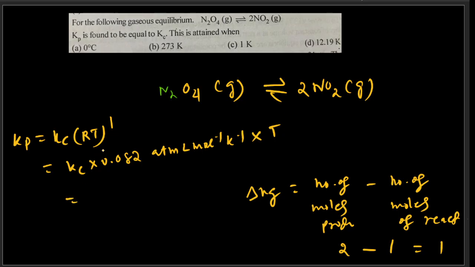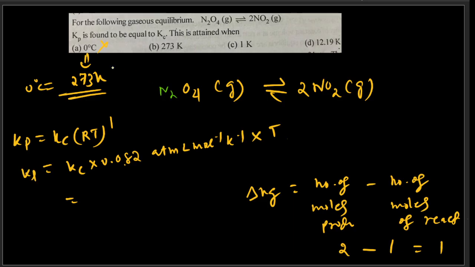So if it is in Kelvin, if you convert, then 0 degree Celsius will be 273 Kelvin. So if we put this value 273 and multiply with this, then we can't get 1. If we get 1, then only Kc equal to Kp.